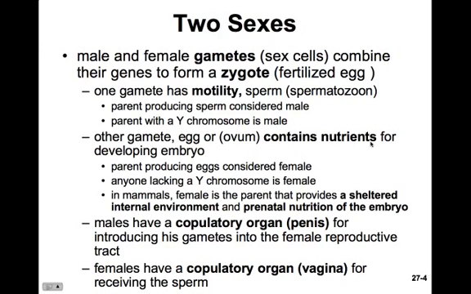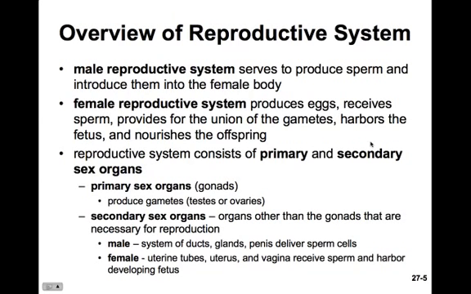Both sexes have copulatory organs. The male's is the penis, and it's designed to introduce gametes into the female reproductive tract. The female copulatory organ is the vagina, and it's designed for receiving the sperm so that the egg and sperm can unite. So in short, the male reproductive system is designed all around producing sperm and introducing it into the female body.